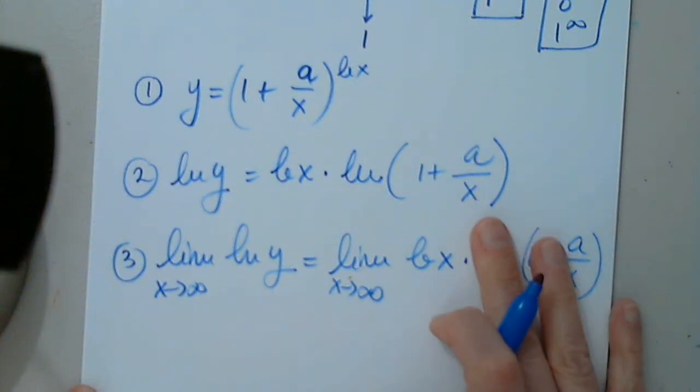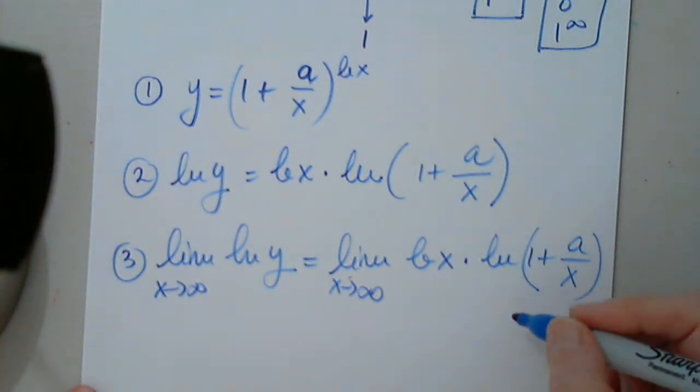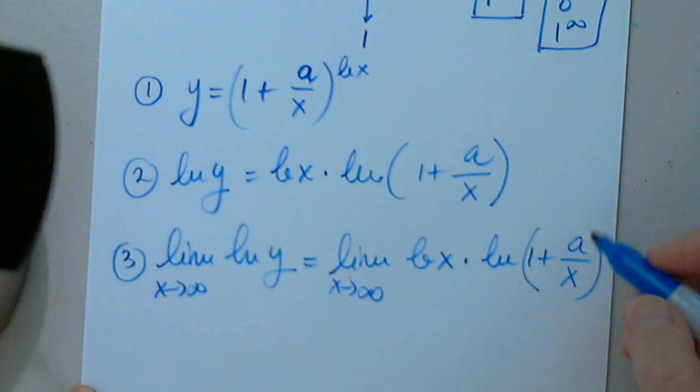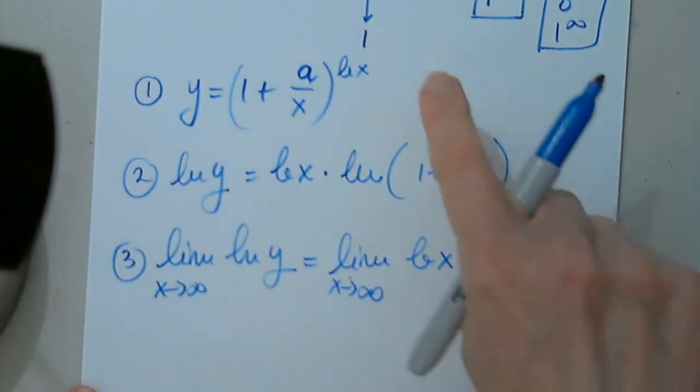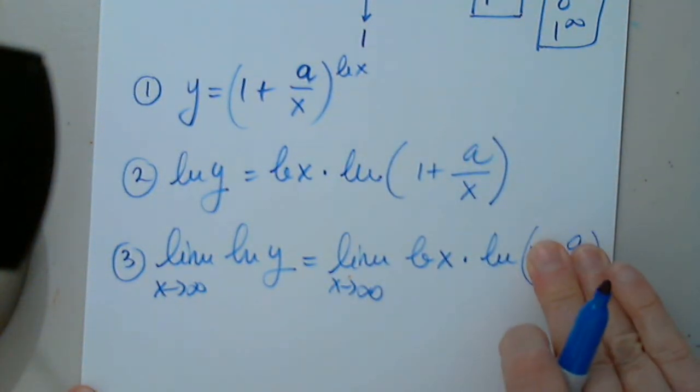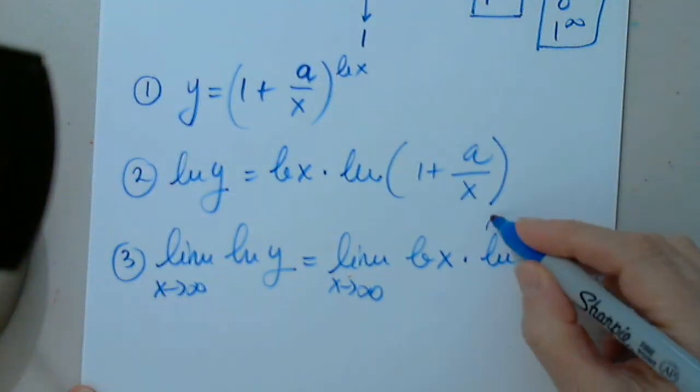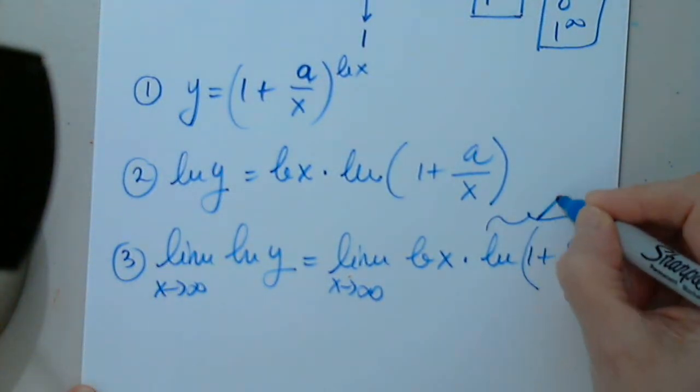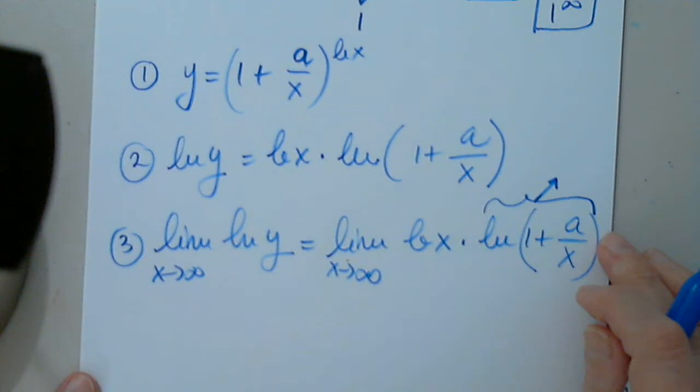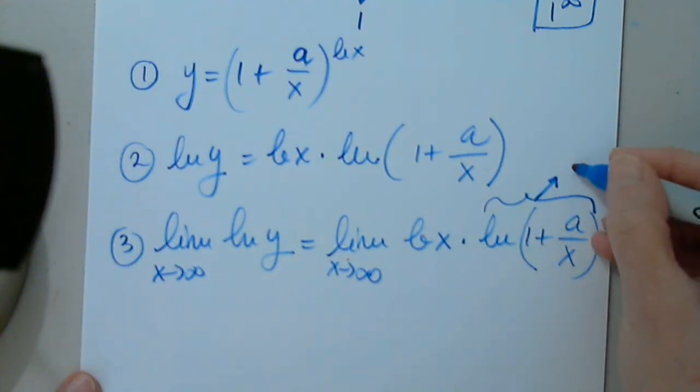Now I test again. You already told me that 1 plus a over x is going to 1. Where is natural log 1 going now? Zero. Excellent.